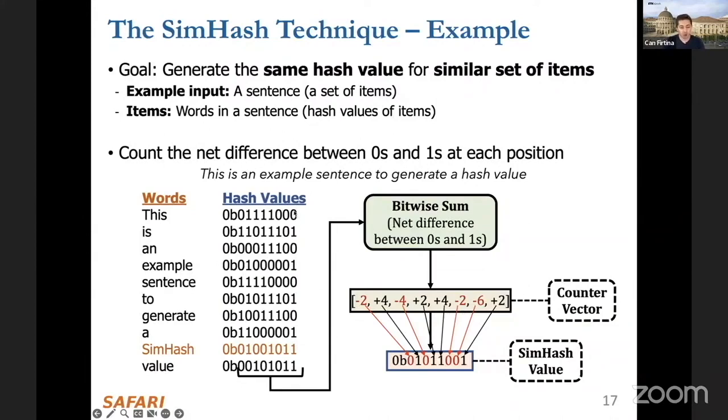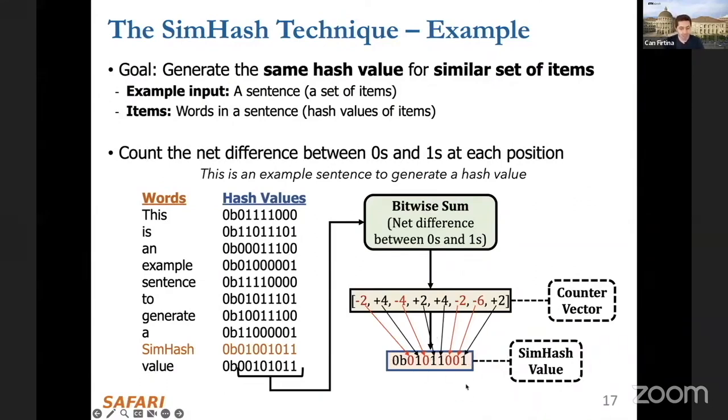Meaning, if there were more ones at a particular position, and I just change a single hash value, then it is still likely that I'm going to keep having more ones than zeros, because changing a single bit is unlikely to change the majority voting result. Then if the majority voting of these bits is not changing, the SimHash value that we generate by looking at these counter vectors won't change.